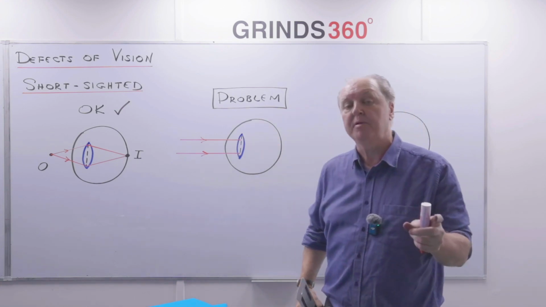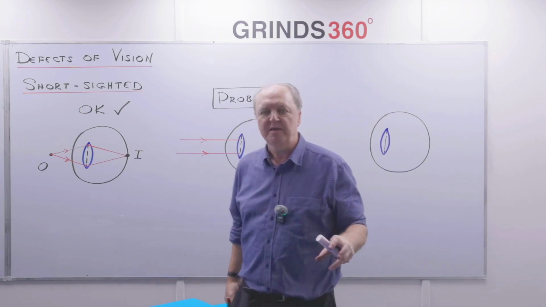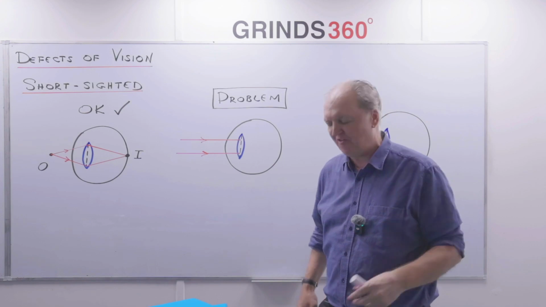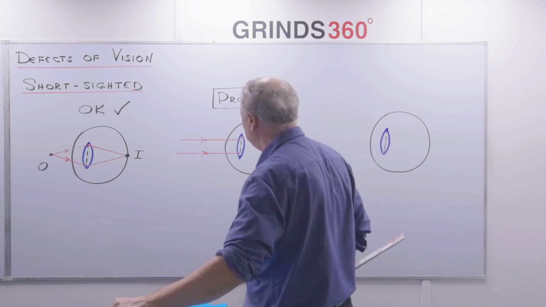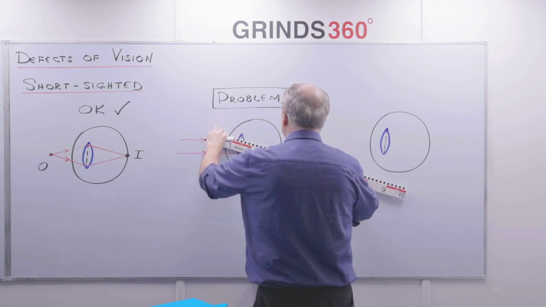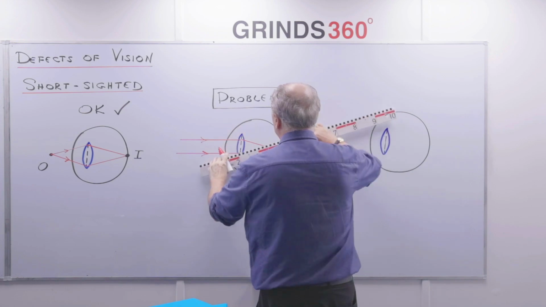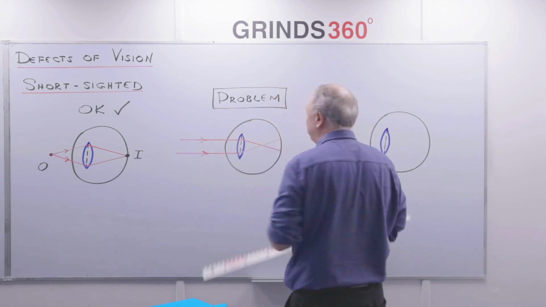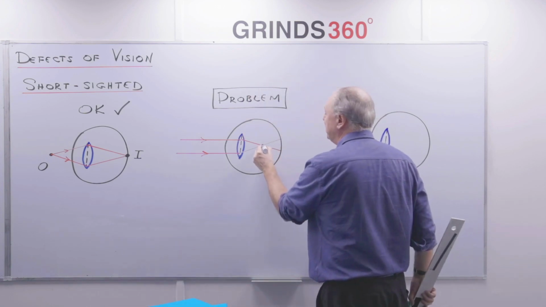The problem with a short-sighted person is no matter how hard their muscles work, they can't make their lens thin enough. Their lens is just too powerful. So what happens is when those rays of light come in, they bend too much. They bend quickly. And as a result of that, you can see in my diagram there that they will meet there.